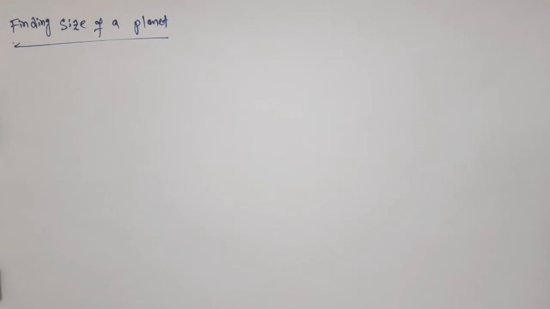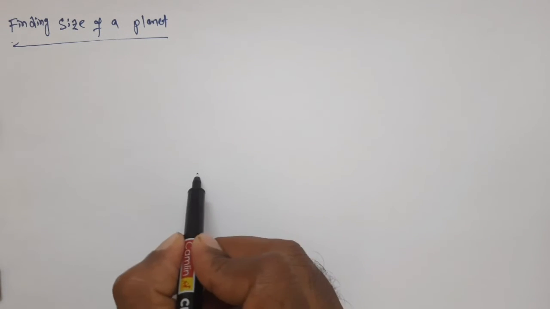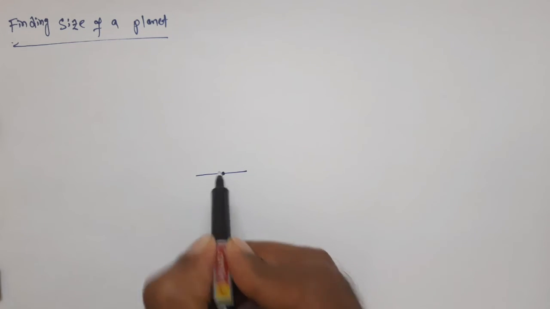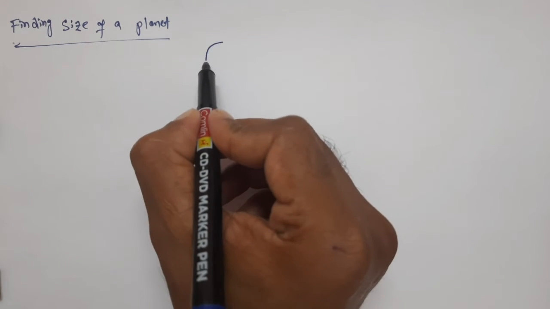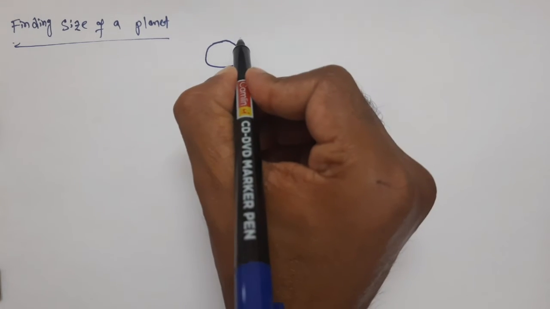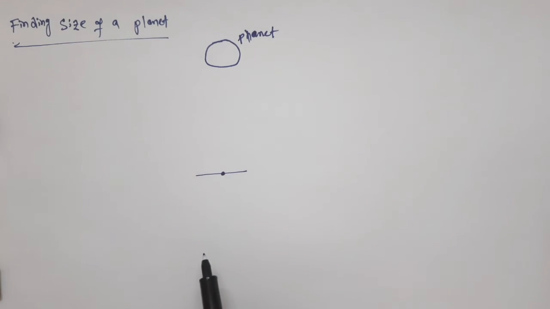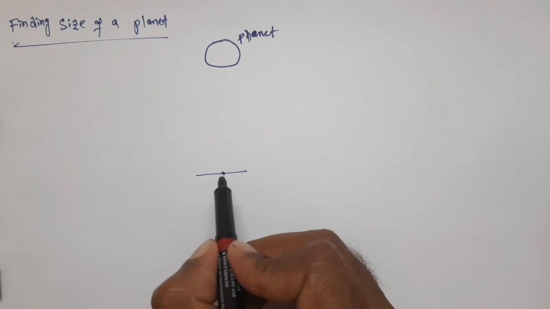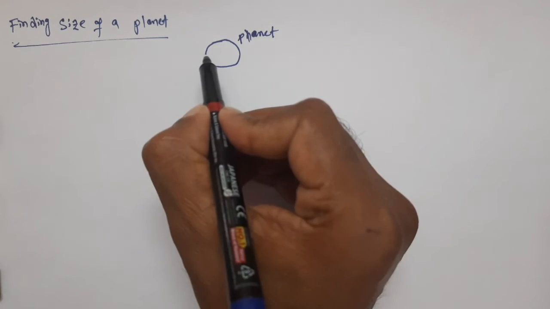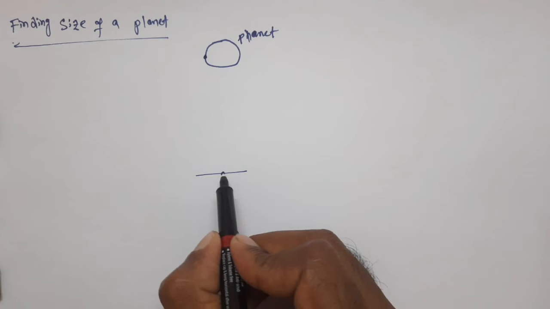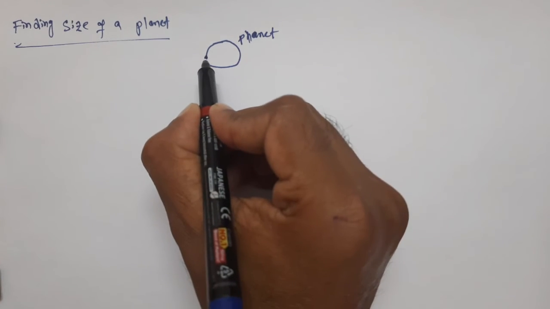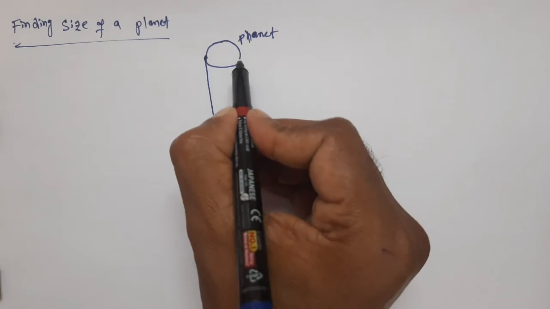Now let us discuss how we find the size of a planet. Size means the diameter of a planet. Now here on the Earth surface, we stand at one point. Now assume this is the planet whose diameter we want to find. So by using a telescope, first we see this end, this edge, and later on we see this edge.